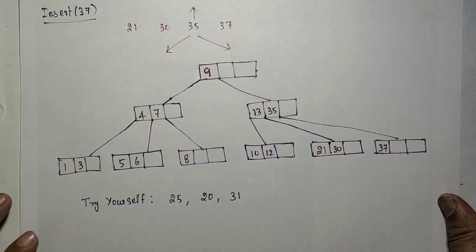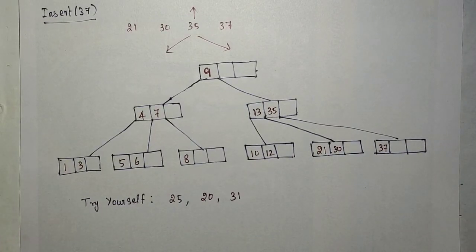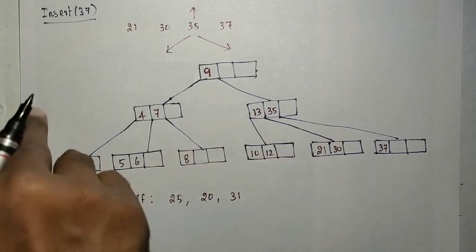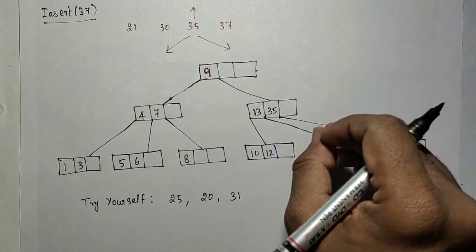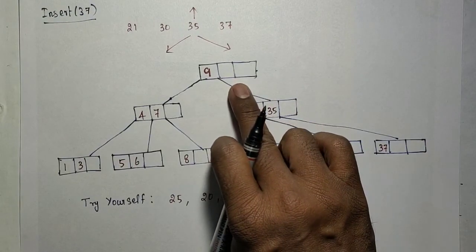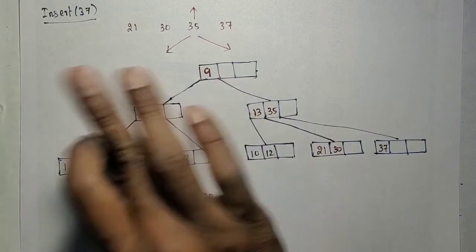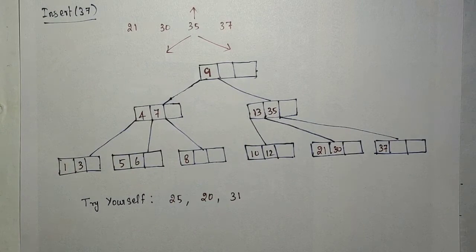On that algorithm for insertion, what we have explained, you can write in your own words as a procedure. A simple procedure: we need to start searching for the leaf node to which the new element is to be inserted. That is step 1. Once we find that leaf node, we check whether space is available in that leaf node.